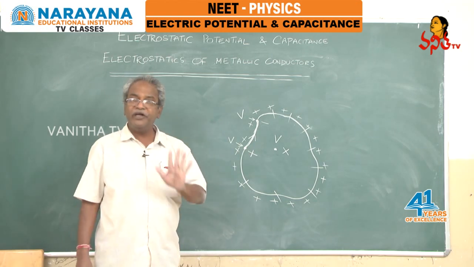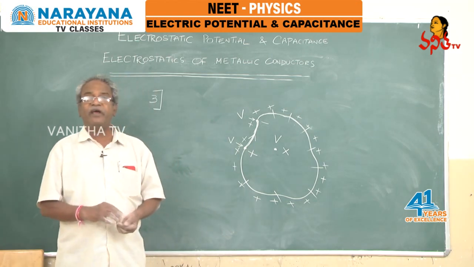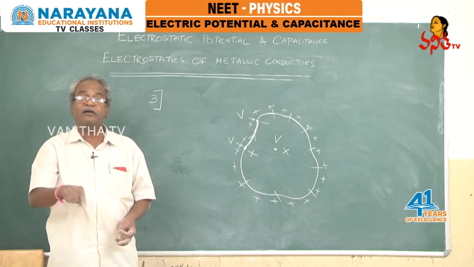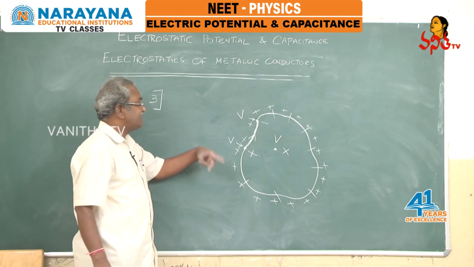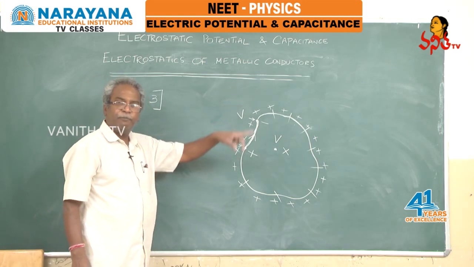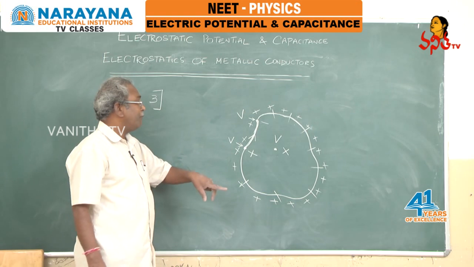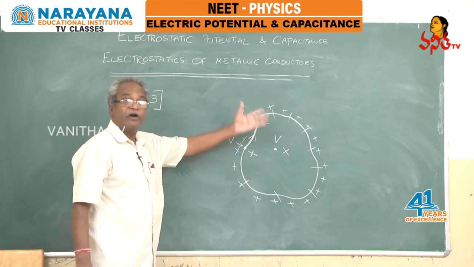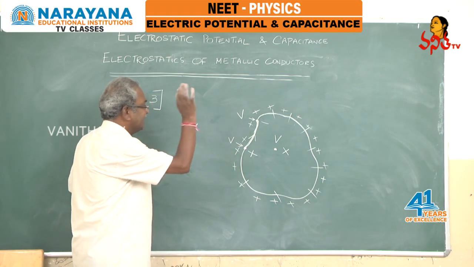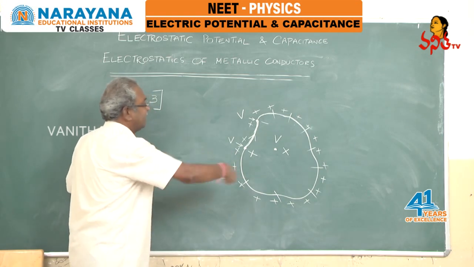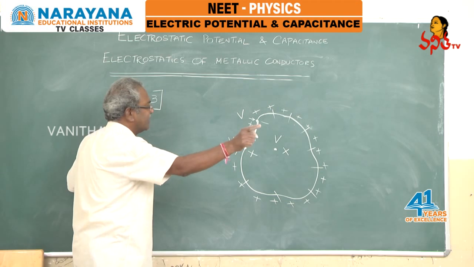Heat energy will be automatically developed by itself, currents will flow by itself. So what we mean to say here is, surface of any charged conductor is an equipotential surface, and potential must be the same at every point on the surface. That same potential must be at every point, even inside the conductor also. Therefore at this point we should note that this entire thing is nothing but an equipotential surface.